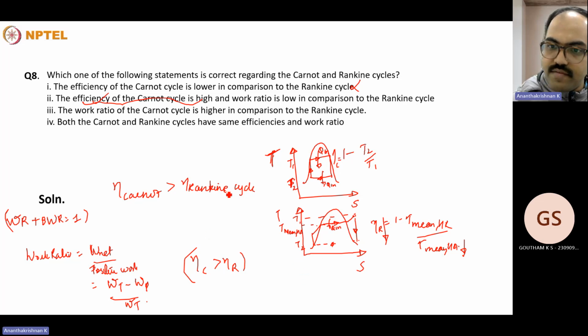We have already seen the efficiency part. Now we only need to check the net work divided by the positive work. The positive work is the turbine work, and the net work is WT minus WP, the pump work. So we try to look into the case of these two works.